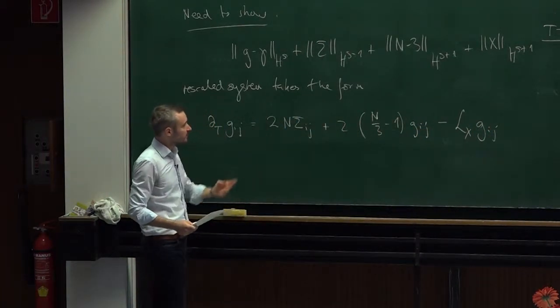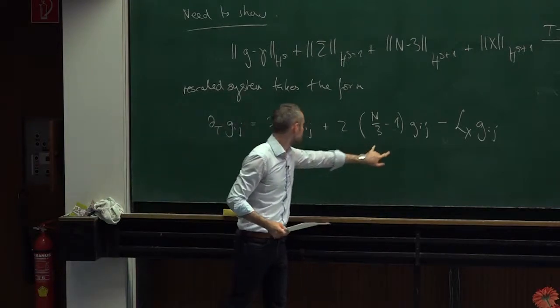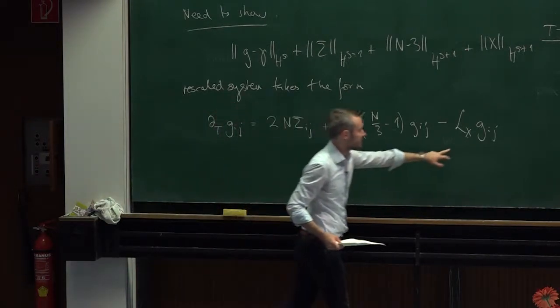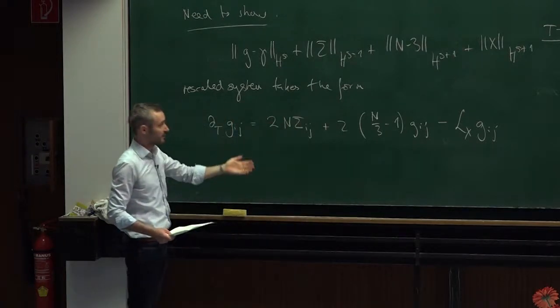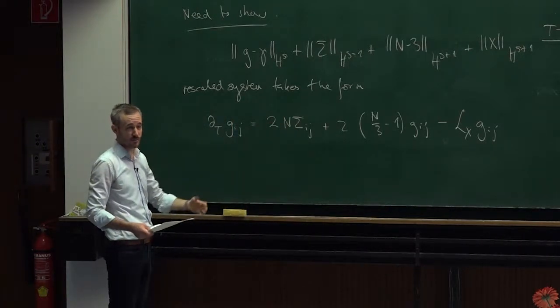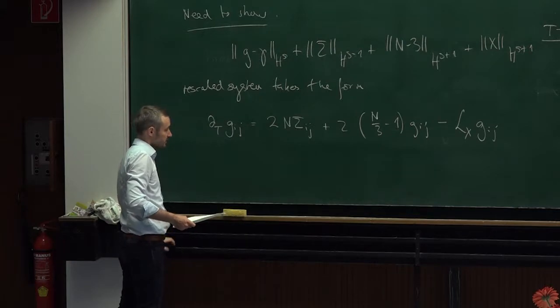We can immediately see that if we are in the background where this vanishes and this also vanishes and the x also vanishes, the time derivative vanishes and g stays constant, which is precisely what we would assume, so that's consistent.